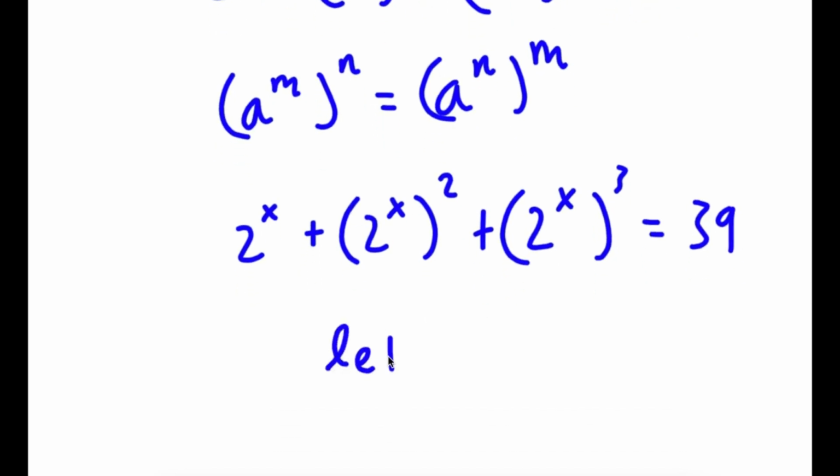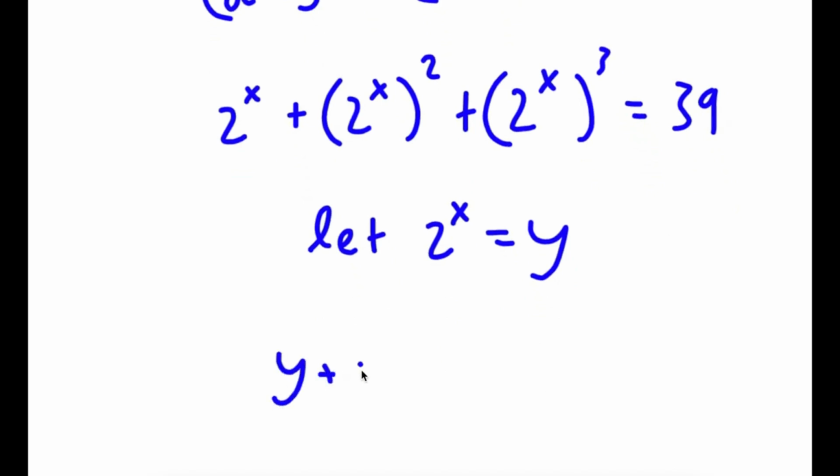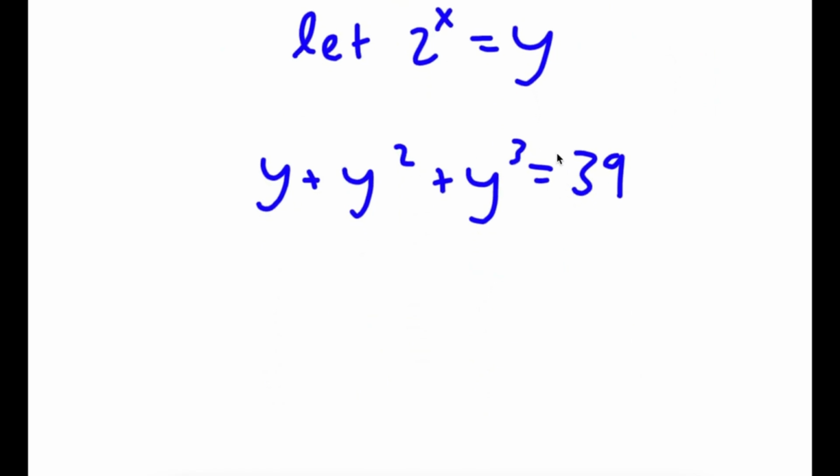Now, I'm going to let 2 to the power of x equal to the variable y. So now I have y plus y squared plus y to the power of 3 is equal to 39. Now I'm going to subtract 39 on both sides.